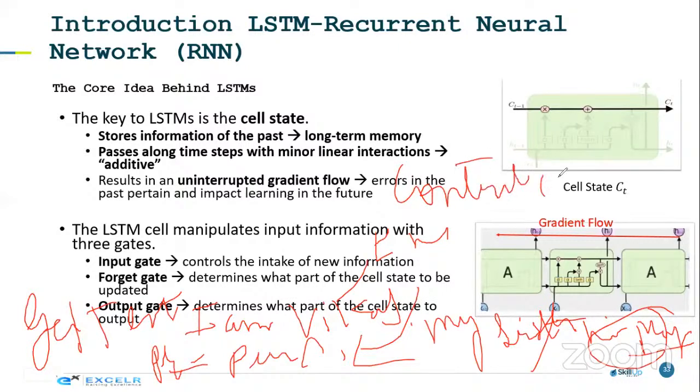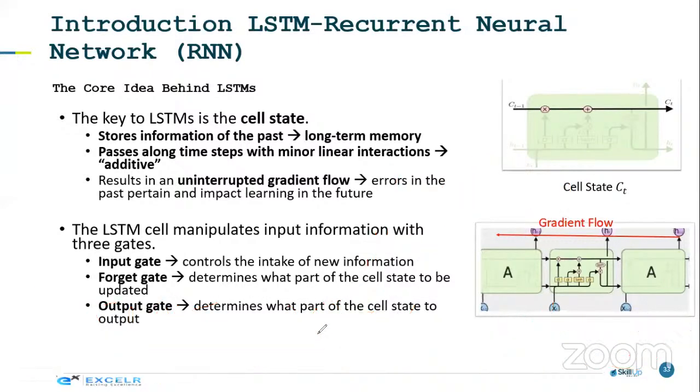So whenever there is a change in the context, a new context comes into the picture. That is sister. Till now, I am talking about Vikas. Now, I am trying to change the context. I am trying to talk about my sister, right? So at that time, in the memory cell, I have to change the context.